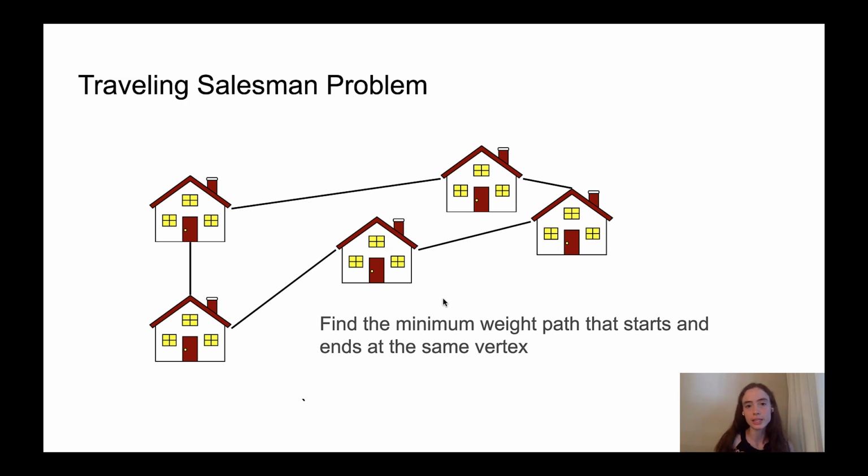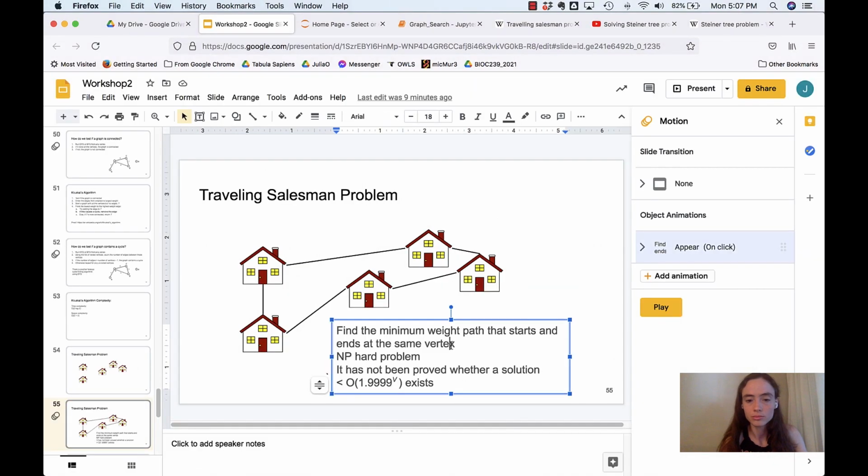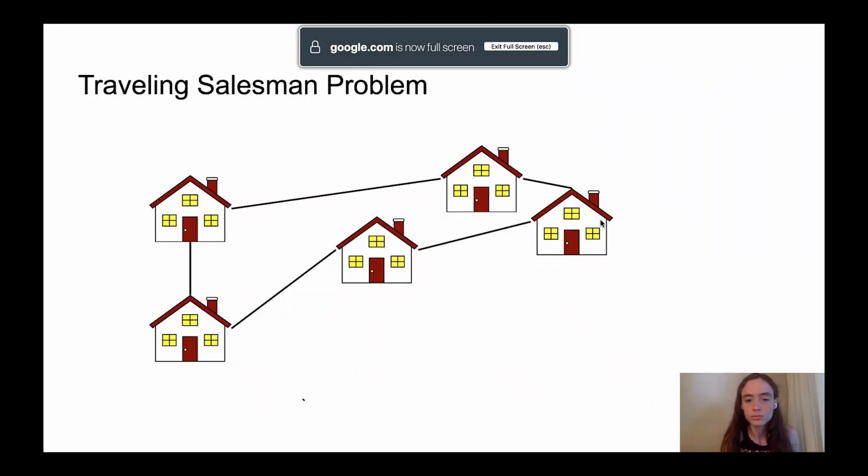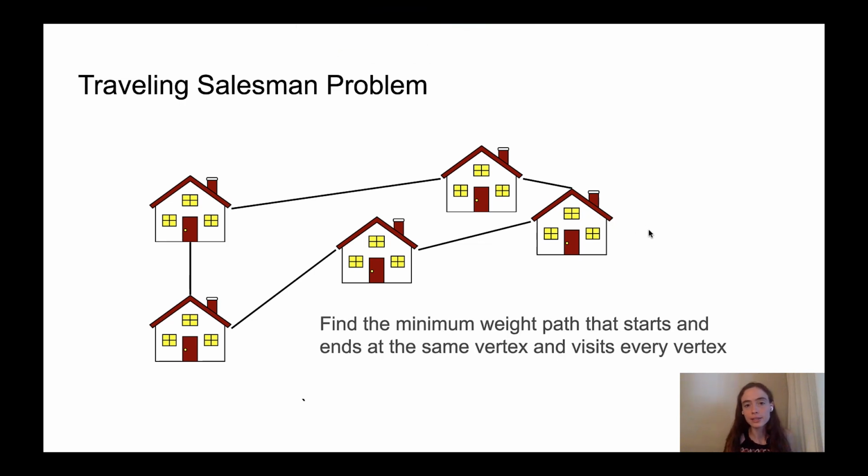So again, the traveling salesman problem is the problem where we try to find the minimum weight path that starts and ends at the same vertex and visits every vertex.